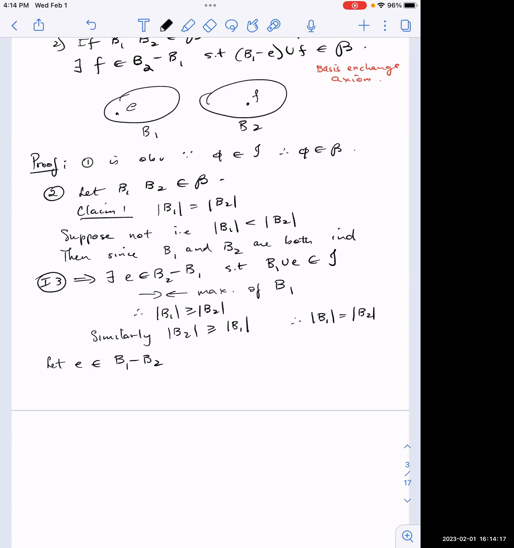So let E be in B1 minus B2. Then |B1 minus E| is strictly less than |B2|, right? Because we said that they're the same size, so if you take out an element, then it's going to be strictly less. So therefore there exists an F, again by I3, in B2 minus (B1 minus E) such that (B1 minus E) union F is independent.